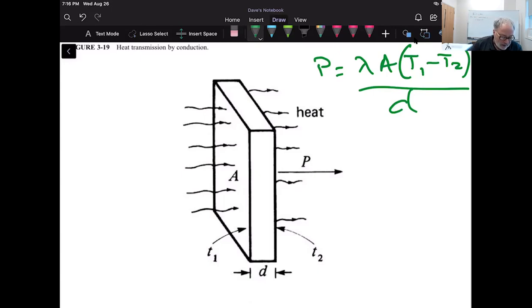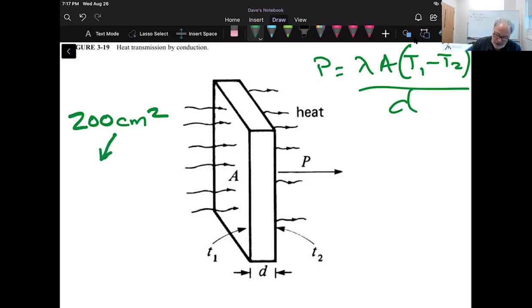Now, we'll look at a couple of things here. First off, of course, he gives us the area is 200 centimeters squared. We need this in meters squared. So we're going to do that conversion, and we all know how to do those conversions now.